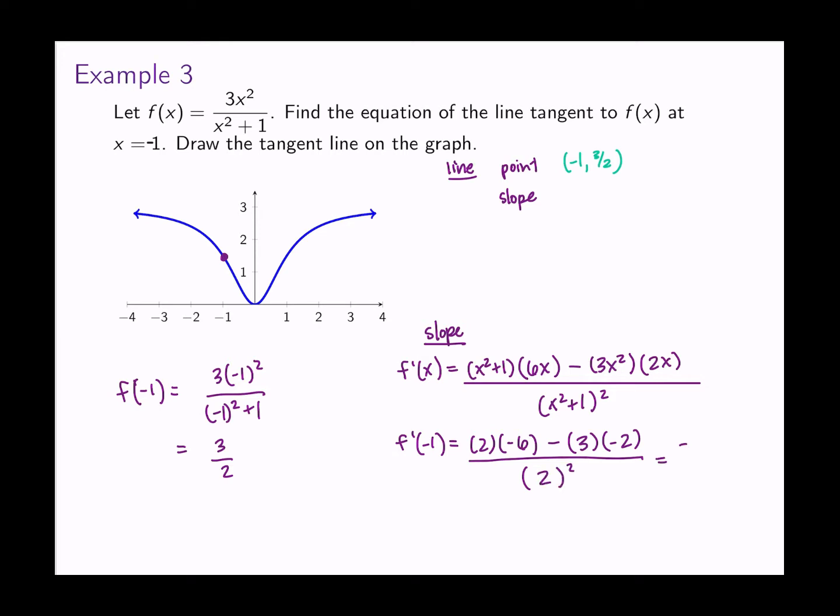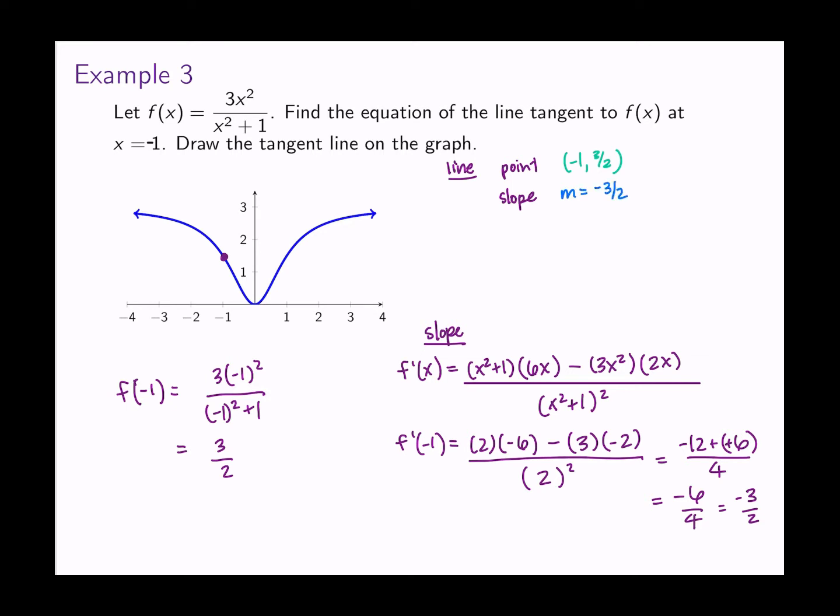So let's see, this is -12 minus -6 all over 4. That minus and negative cancels out, and we have -6 over 4, or -3/2. So it looks like my slope, m, is -3/2.